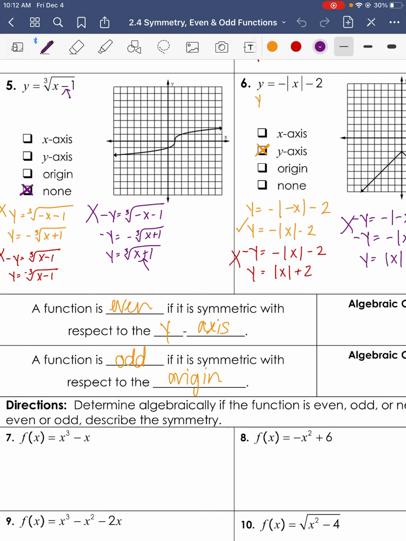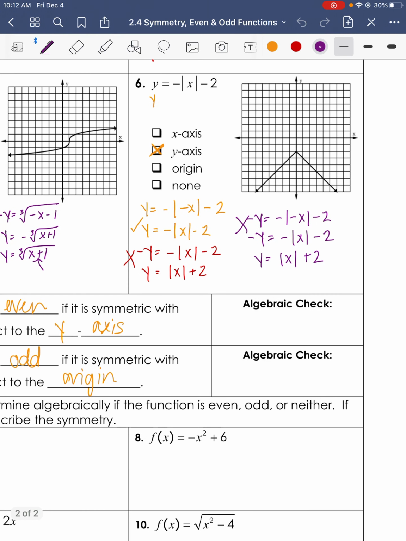respect to the origin. Okay, so it is really, really similar to the symmetry test, and the algebraic check for these is we just replace x with negative x. So we find what f of negative x is, and if it is even, then you'll get the same function as the original.